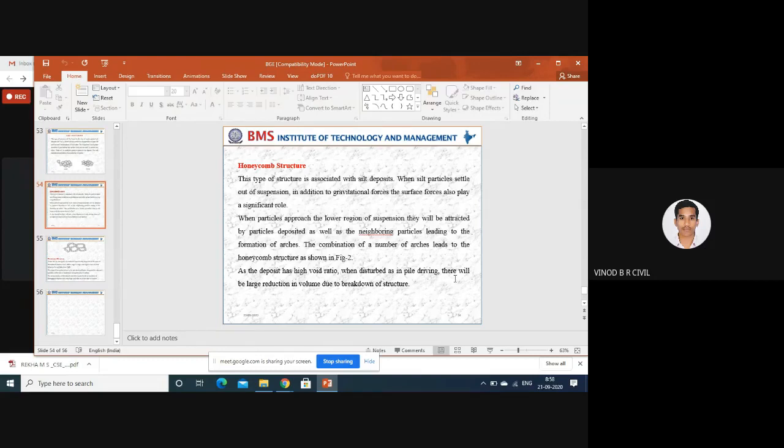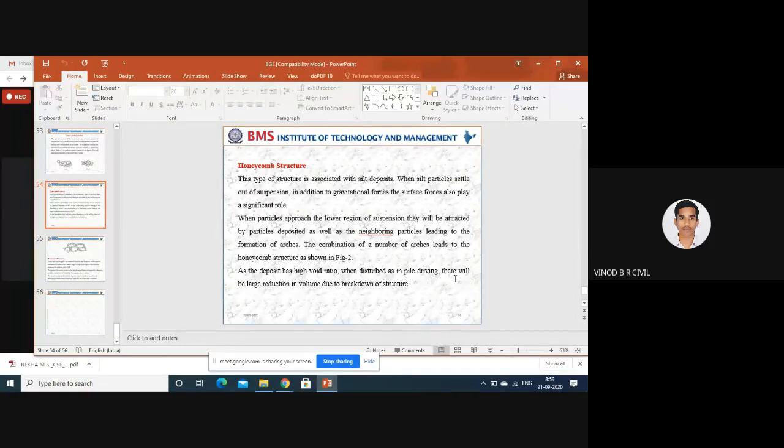You can't expect any settlement from water media or silt content, and the bearing capacity is completely zero. This kind of soil mass is a good example of honeycomb structure.